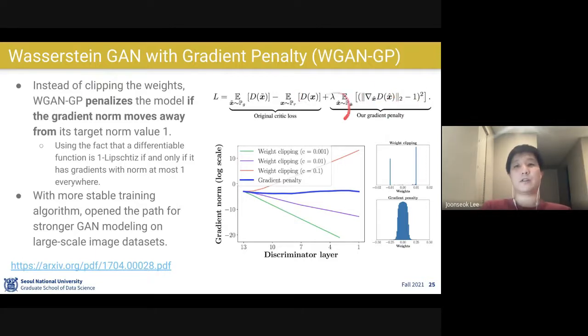And if we set this lambda large, it forces the gradients to be closer to 1. So instead of hard clipping, they applied a soft regularization penalty to achieve the same effect. And with this gradient penalty, the gradient norm was staying around 1, so it was able to train the model much more robustly.